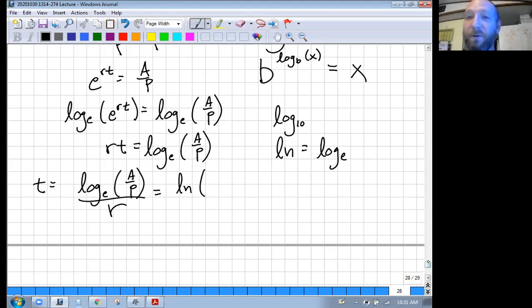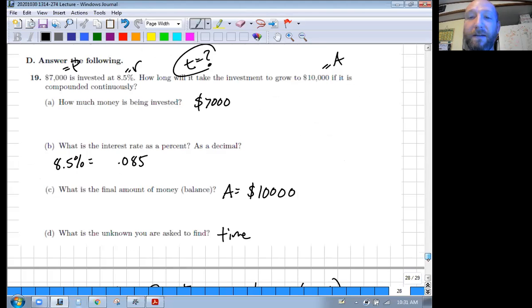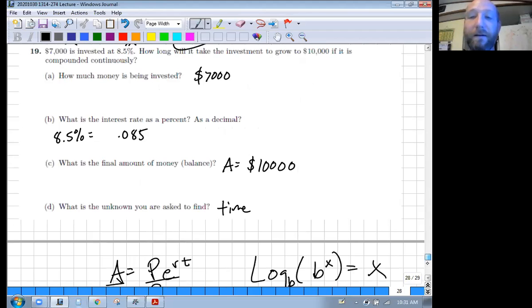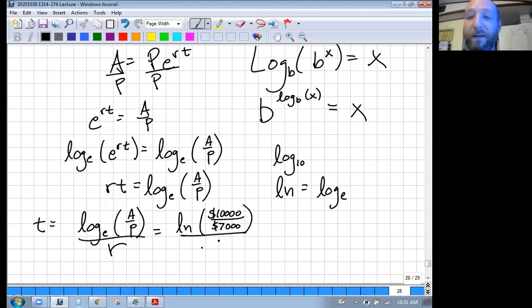The amount that we want to end up with is 10,000. The amount we start off with is 7,000, our principal. And our interest rate was 8.5% or 0.085.